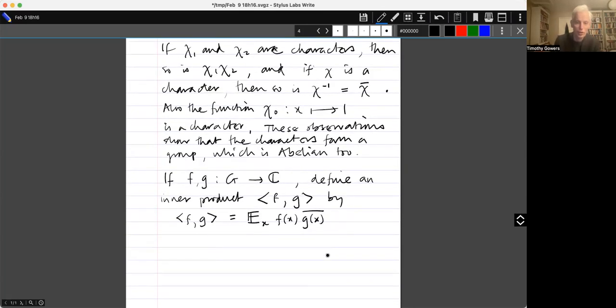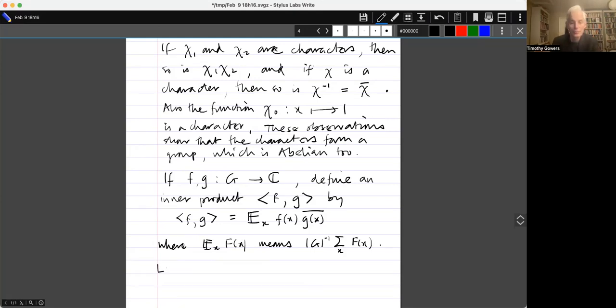I think we've had this in the course, but just in case, the expectation over x of some function f of x means G to the minus 1 times the sum over all x of f of x, when f is a function defined on G. And in general, if f is defined on some set capital X, I'd replace that G by capital X. I did have that notation in some discussions about bipartite graphs, but it's going to be extremely useful to us.